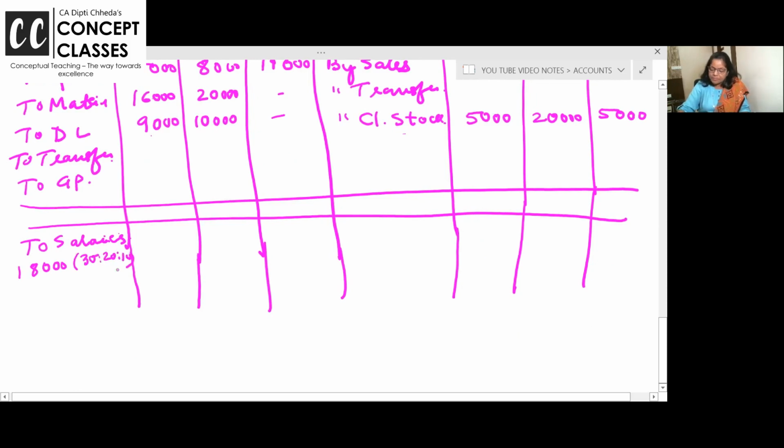Let us do it. 18,000 into 30/60. 18,000 into 20/60. 18,000 into 10/60. Just apportion the expenses in the way given.